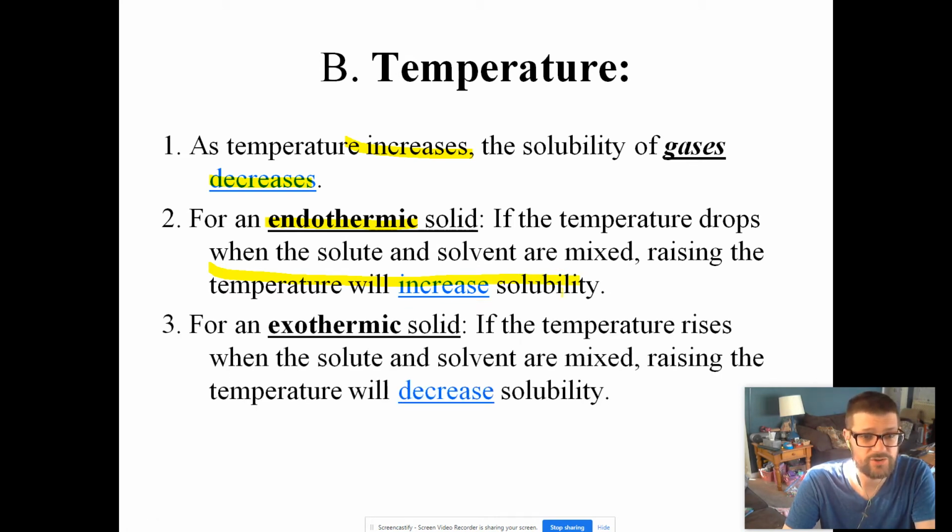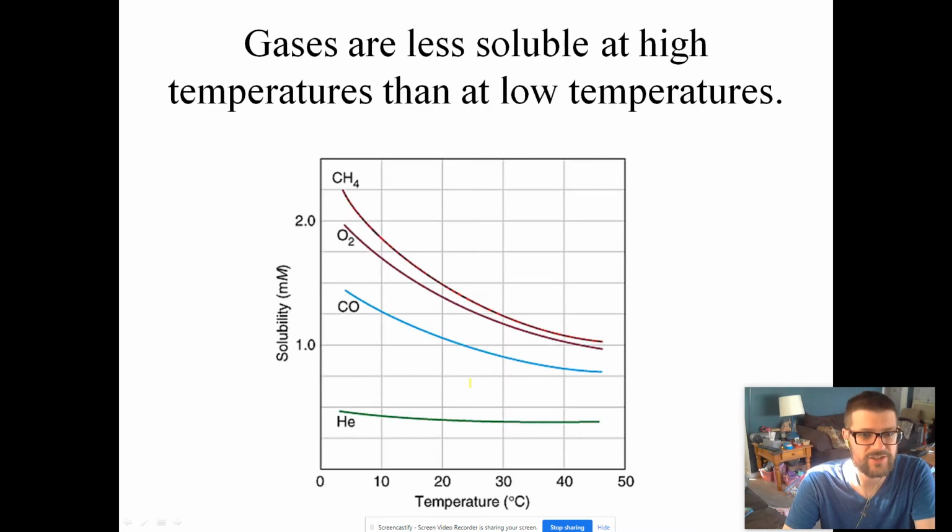And the opposite is true. If you have a process that is releasing heat and then you heat it up, it's not going to dissolve as well. It's going to decrease the solubility. So you can play around with temperatures to change that solubility.